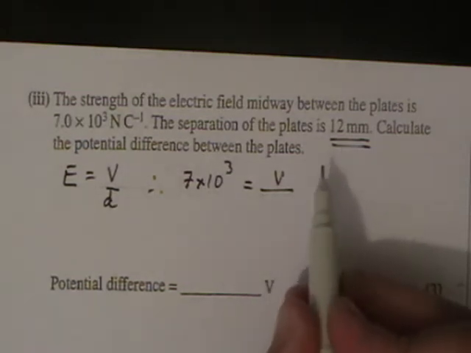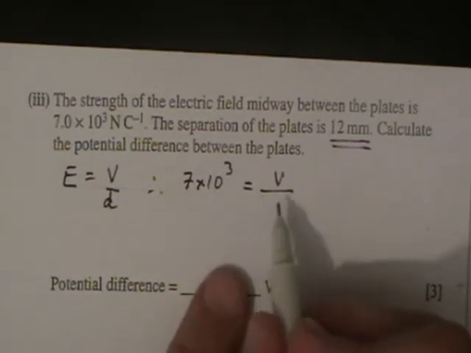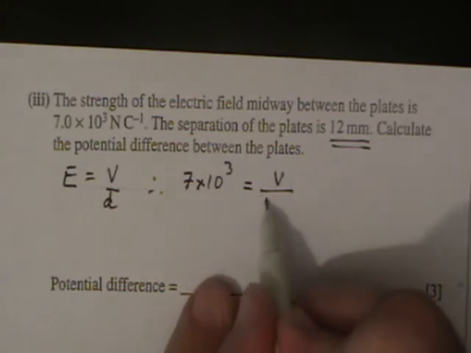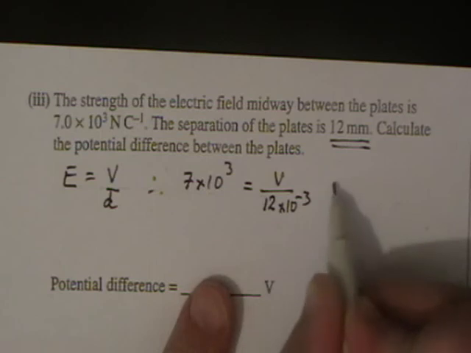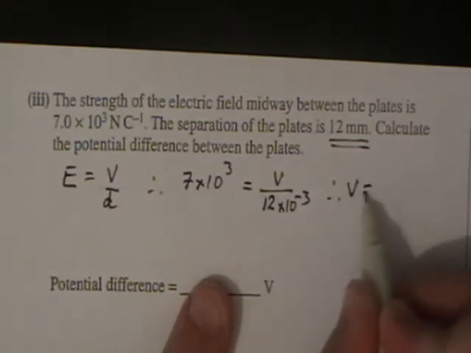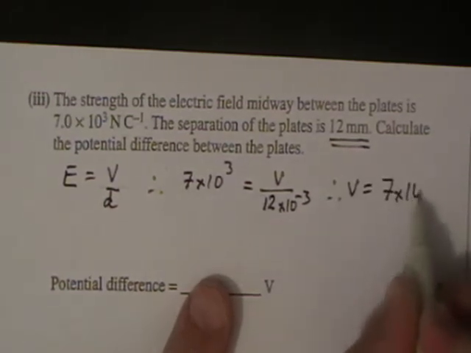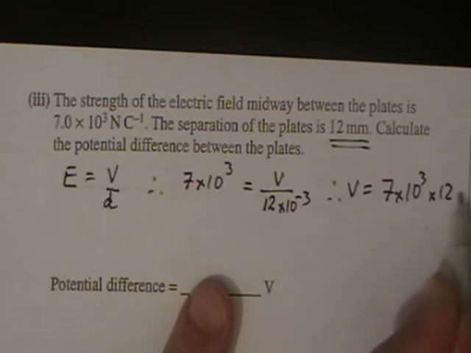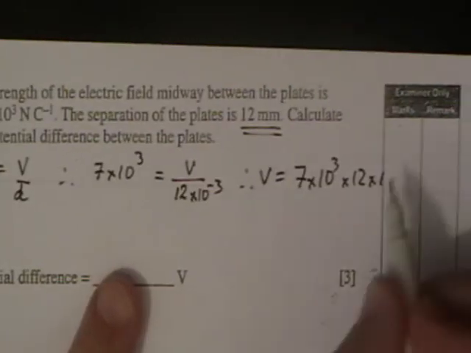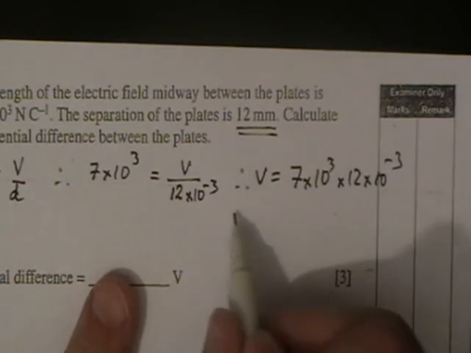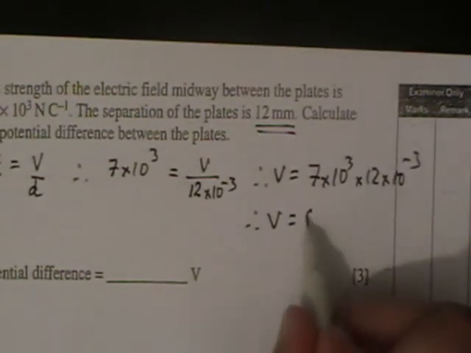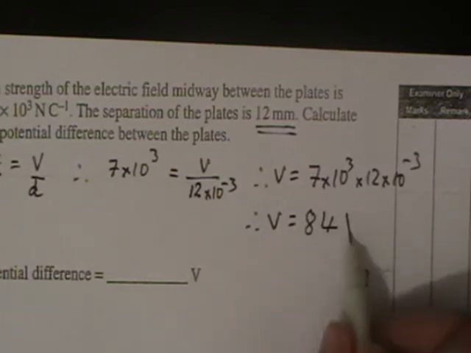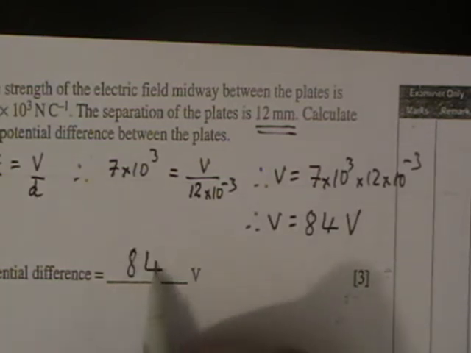We're looking for the field strength midway between the plates, but because it's a constant field all the way, we're just using 12 times 10 to the minus 3 there. Therefore, V is equal to 7 times 10 to the power of 3 times 12 times 10 to the minus 3. Essentially that's 7 twelves, which is equal to 84 volts. So we have 84 volts there.